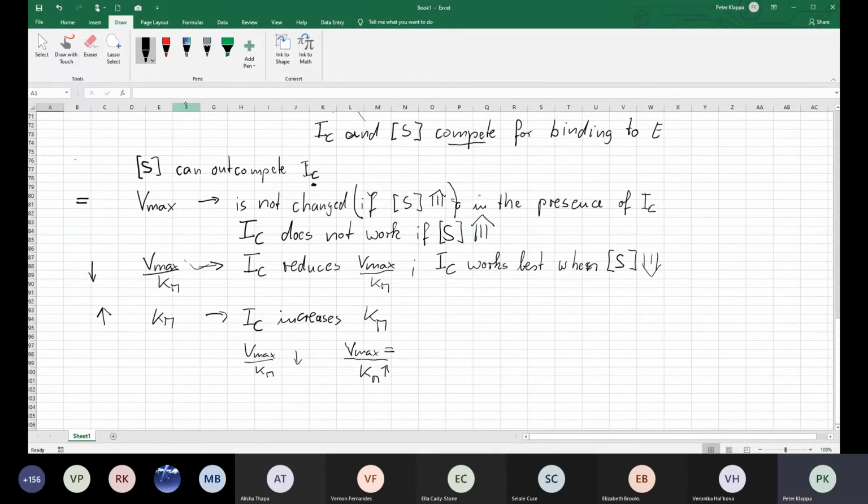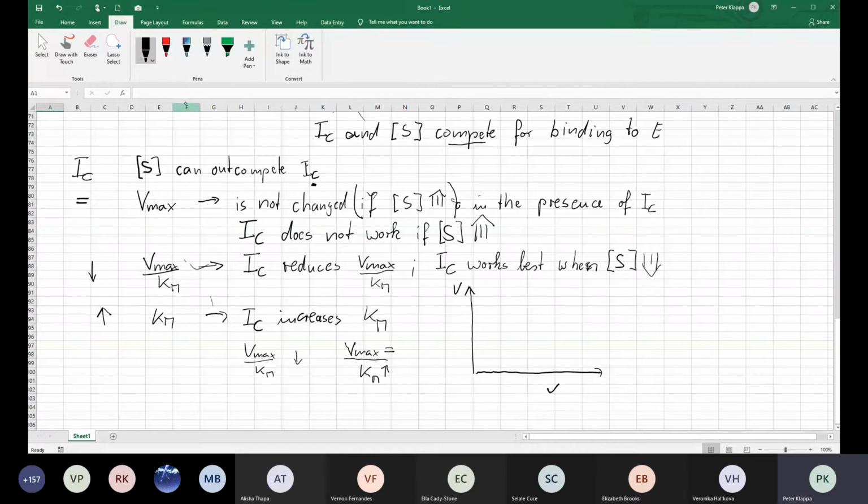So these are the properties of the competitive inhibitor. Vmax stays the same. Vmax over Km goes down. Km goes up. How would we see that in a plot? Let's do our Eadie-Hofstee plot.